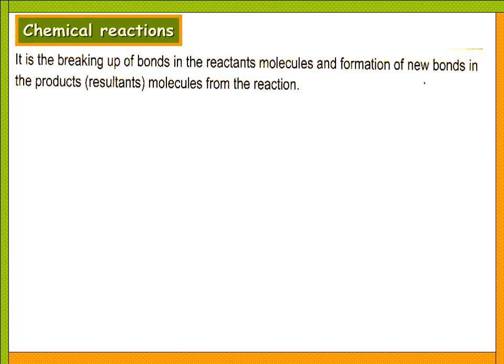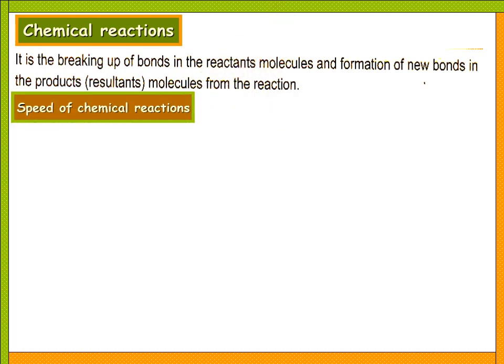We break up the bonds inside the reactant molecules and form new bonds in the molecules of product. So chemical reaction is breaking up of bonds in the molecules of reactants and formation of new bonds in the product molecules. Okay, so what is the meaning of speed of chemical reaction?